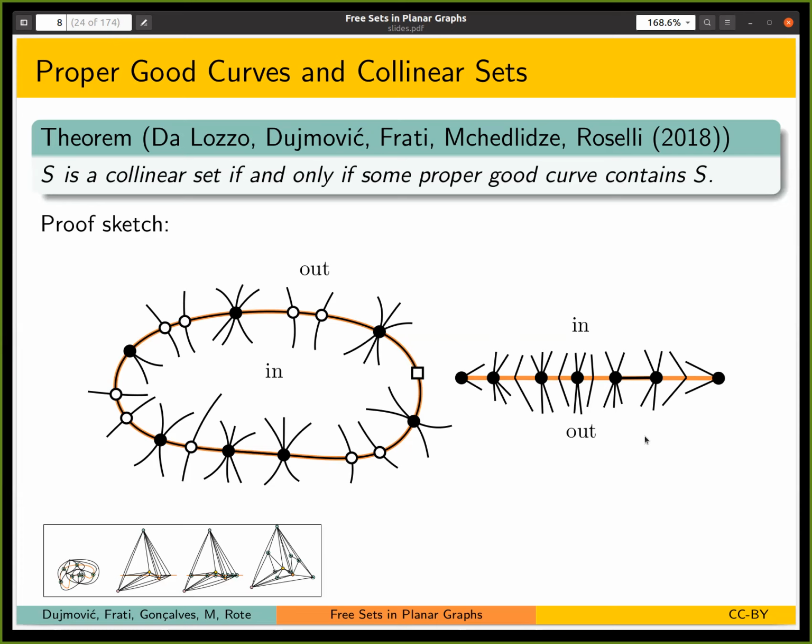So that last step, adjust the x coordinates of the vertices, and now everything is a straight line drawing. And in particular, those original vertices on the curve all lie on a line.